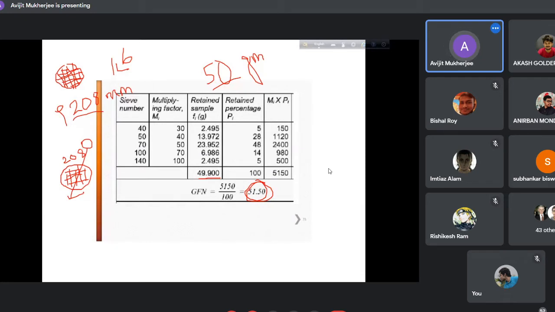That is not an average. So this is the meaning.